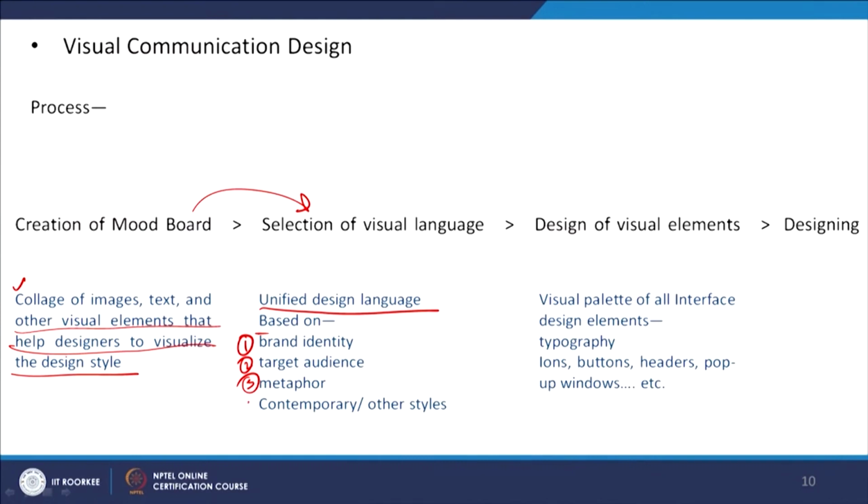Now another can be the contemporary visual style. We will discuss the contemporary visual style after a few classes, and we will see how visual style changes over time. Some styles might be very old fashioned, some styles might be in, and we are in the contemporary era.